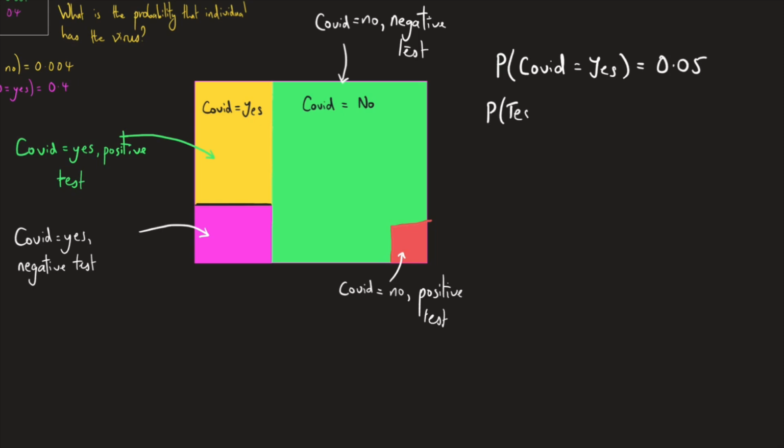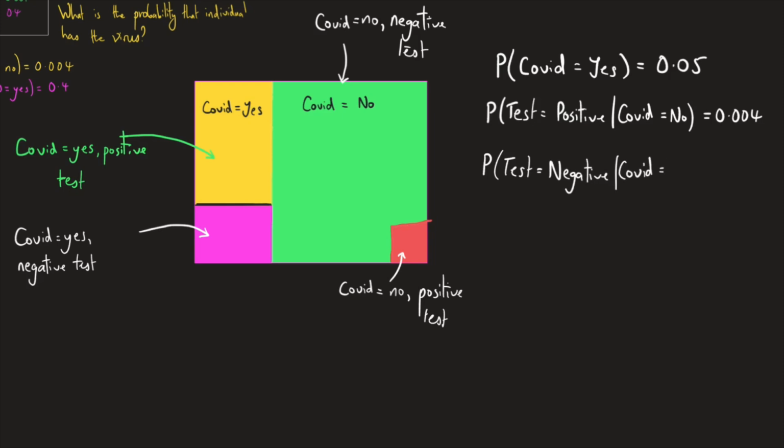That is the probability that the test is positive, conditional on an individual not having COVID, is equal to 0.004. And similarly, we know the probability of a false negative, so the probability that the test is negative given that an individual has COVID, which is equal to 0.4.